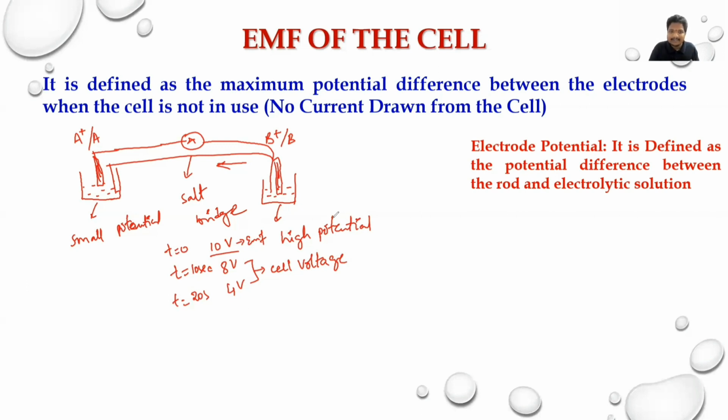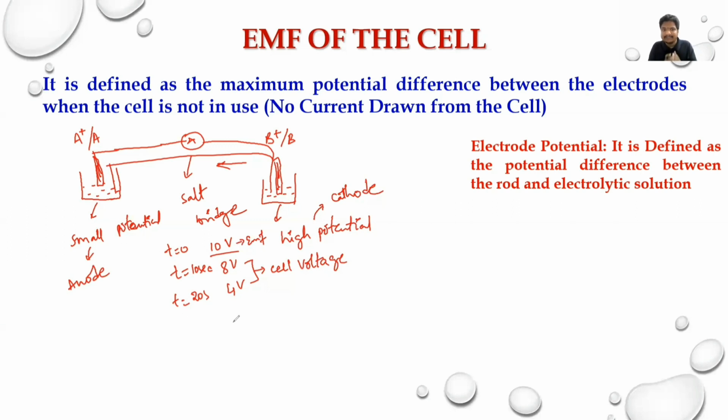This half cell will be having the highest potential, which acts as the cathode, and this half cell will be having the smallest potential, so it will act as the anode. Now, how to calculate the EMF of this cell?